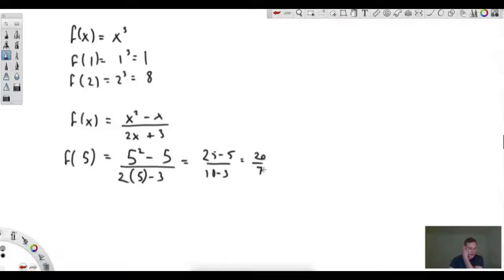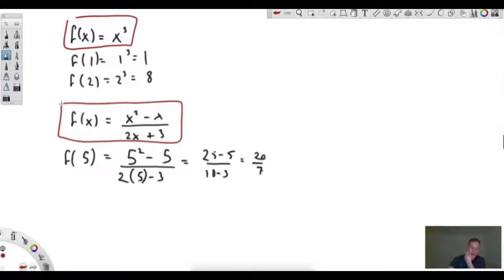So you can see that for all of these different functions, you have your input numbers, and then you get your output numbers. That's all that's going on with functions.